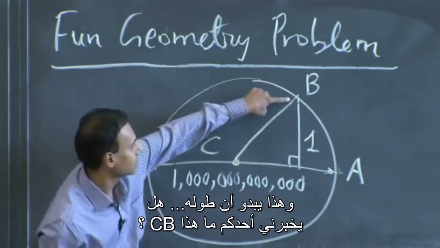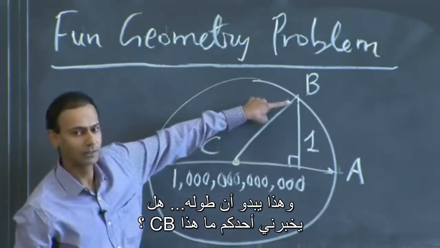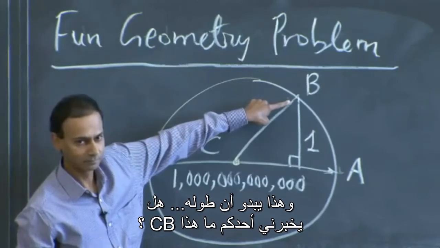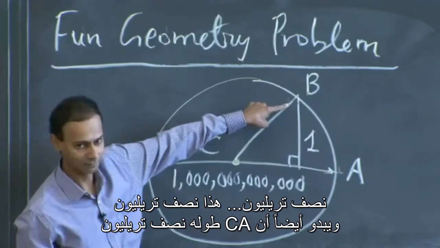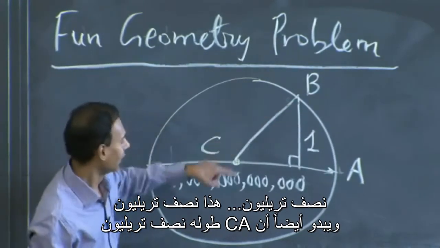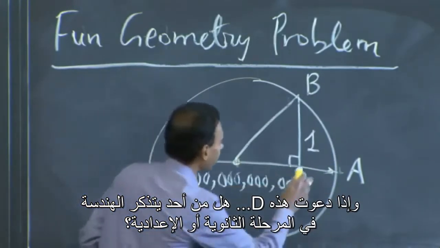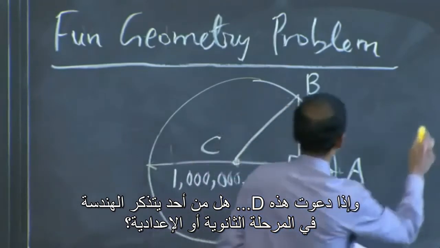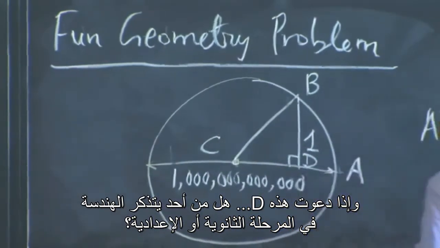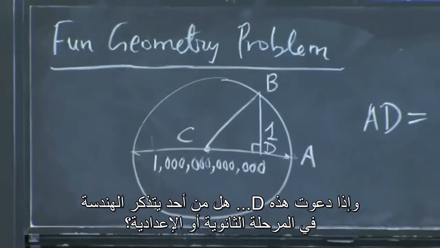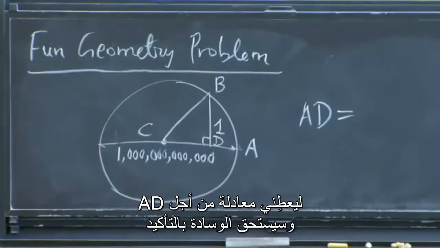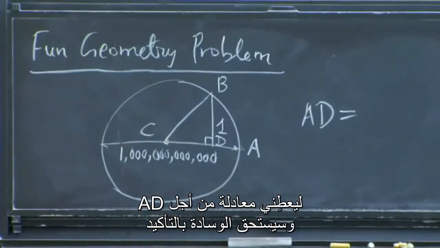This obviously is, someone tell me what that is. CB. 500 billion, right? And obviously CA is 500 billion. And if I call this D, somebody who remembers high school or middle school geometry, give me an equation for AD.